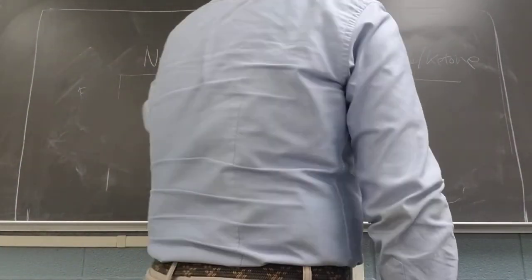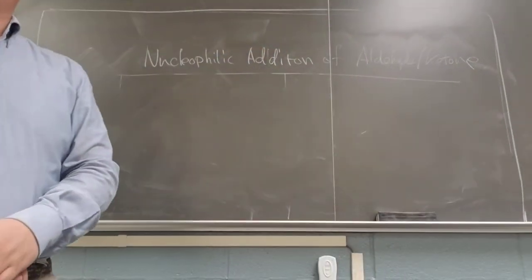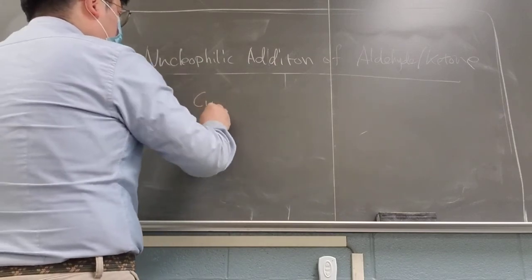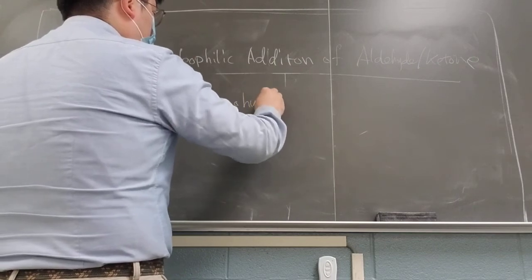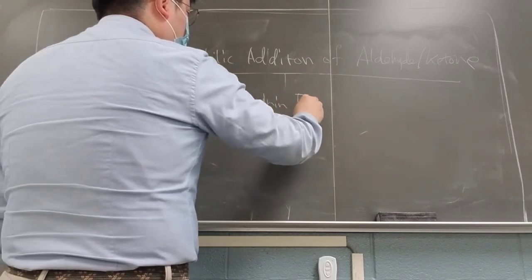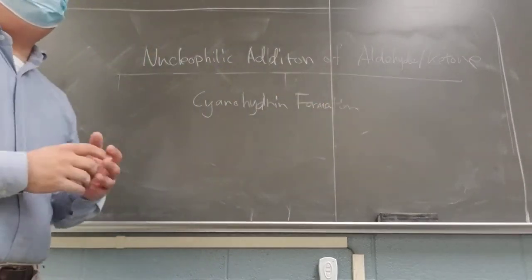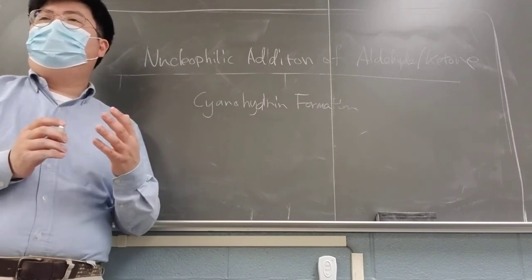All right. So the next nucleophile addition you can try is what we call cyanohydrin formation. We're actually going to do the same thing over and over, but just switching the nucleophile.